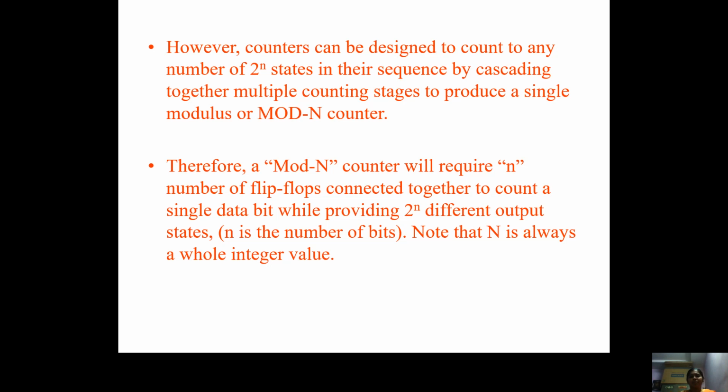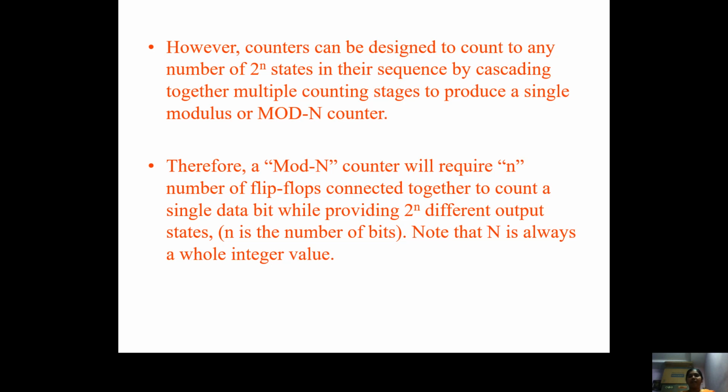To design the counter, we add the stages in a cascading manner, one after another, to produce the mod n counter. Therefore, a mod n counter will require n flip-flops connected together to count a single data bit while providing 2 power n different output states.